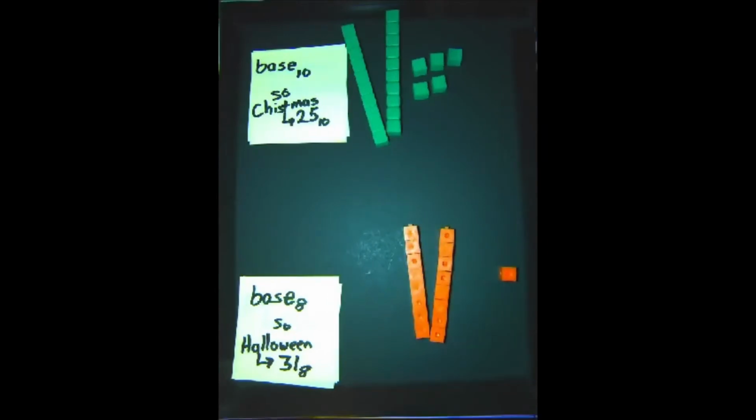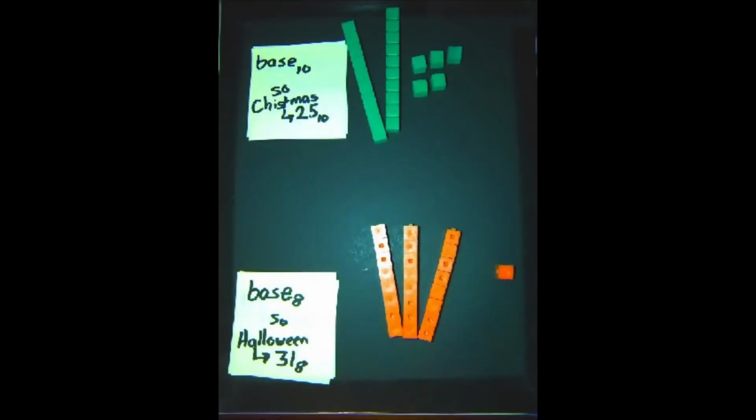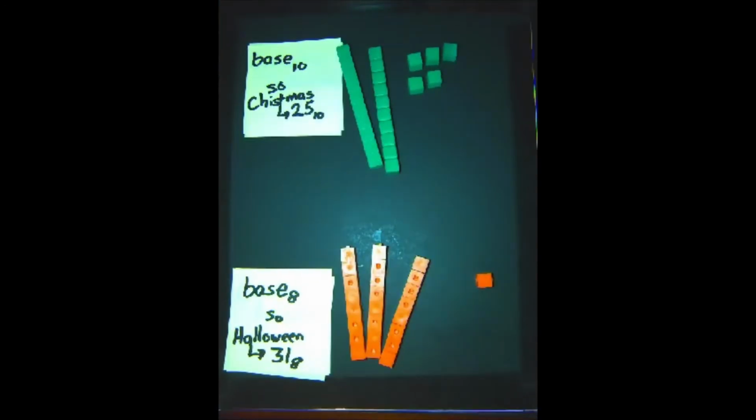There is our next grouping of 8. And there is our third grouping of 8. So we have now represented in their respective bases 2, 5 in base 10 and 3, 1 in base 8.